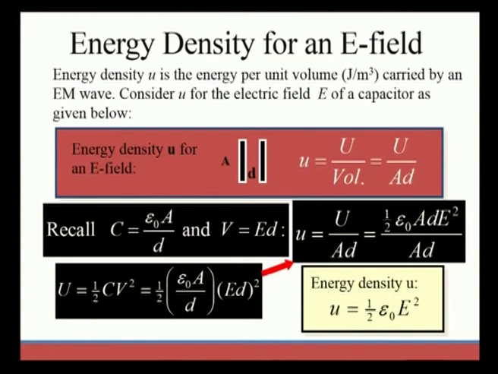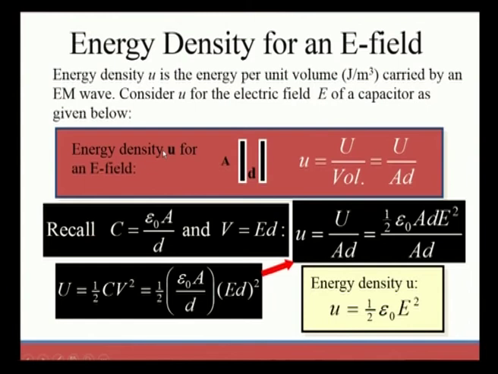Next we move on to the energy density for an electric field. Energy density, that is u, is the energy per unit volume carried by an electromagnetic wave. Consider u here for an electric field E of the capacitor as given below, where d is the distance between the two plates and A is the area of the plate.